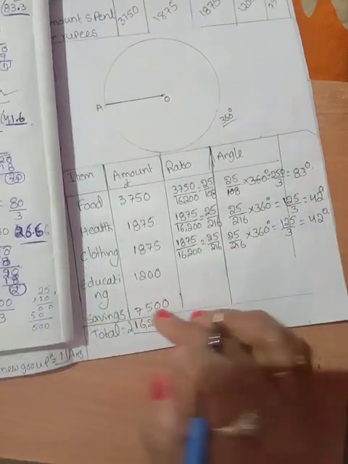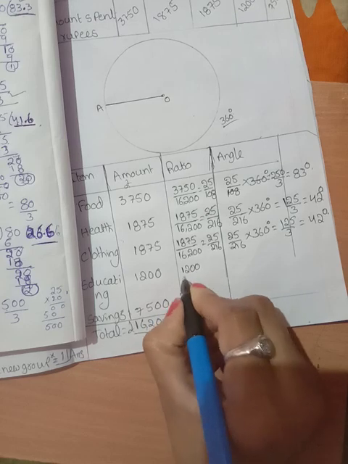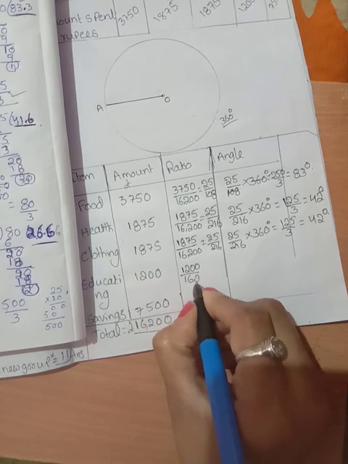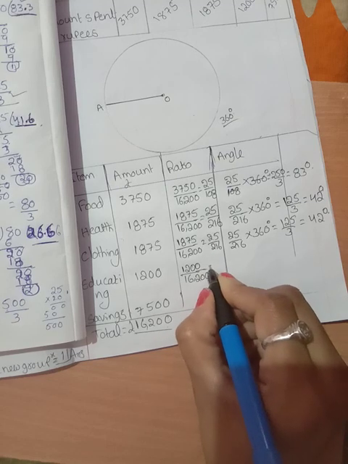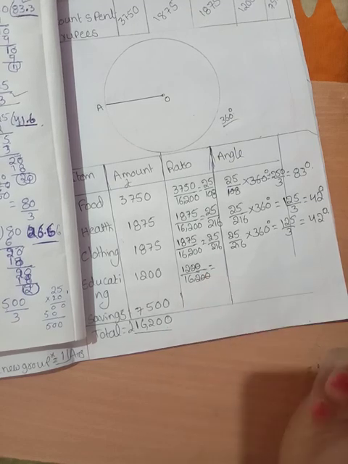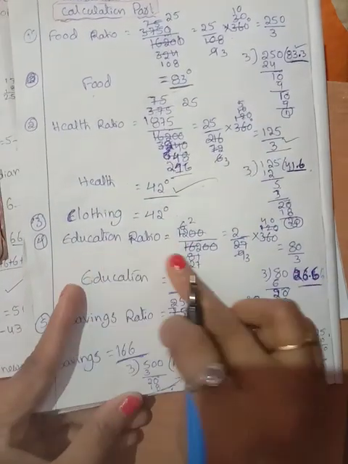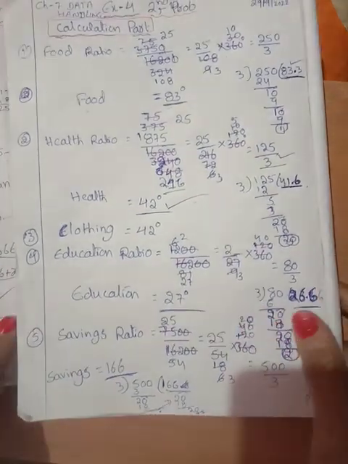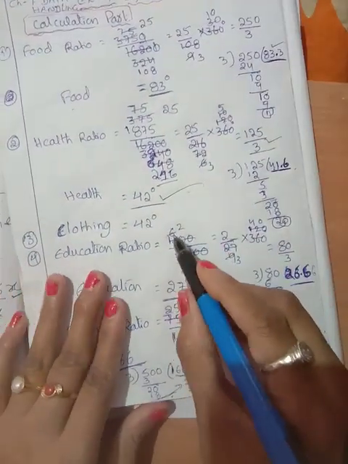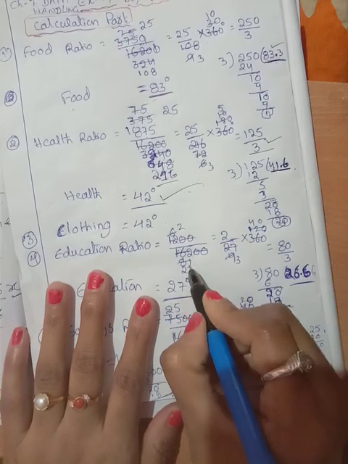So next one is the educating. Educating means 1200 by 16,200. So 20 cancel. Here is the calculation part. 2 6 ja 12, 2 8 ja 16, 2 1 ja 1.